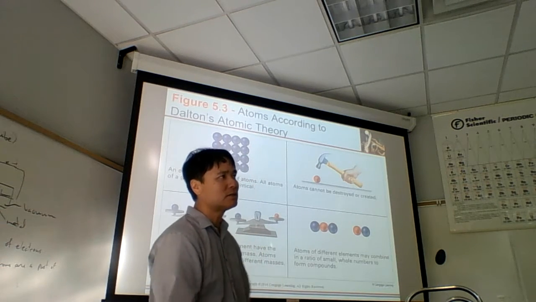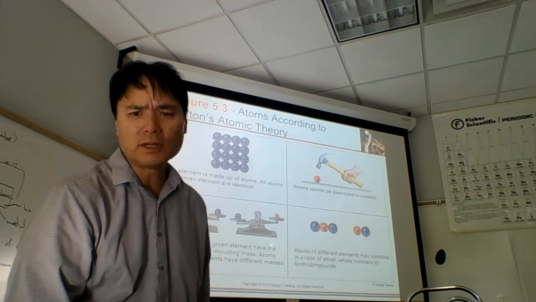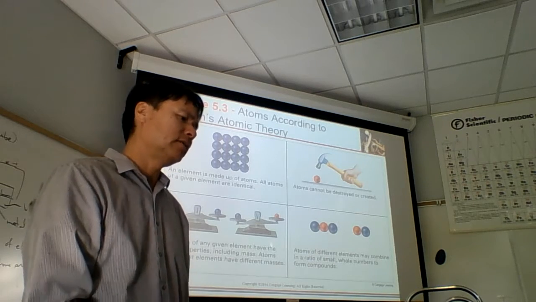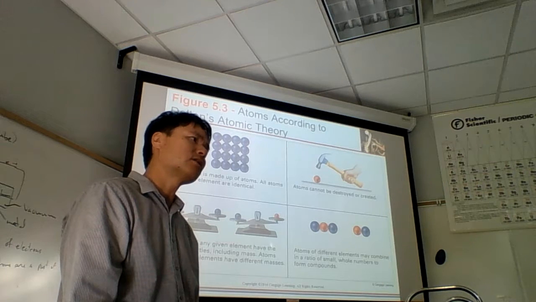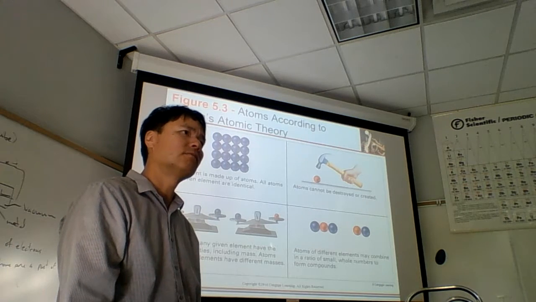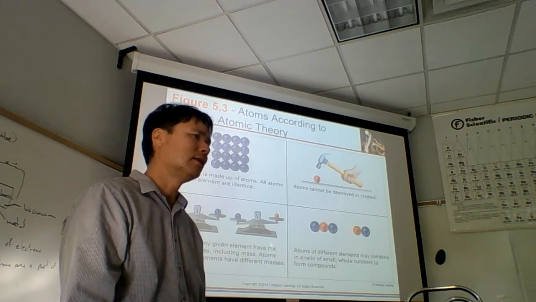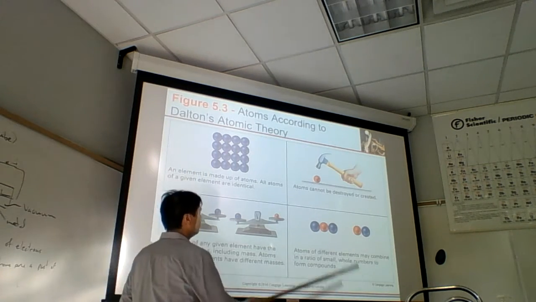In fact, chemists tried to transmute one element into another. Chemists were trying to make lead into gold. Those were the alchemists. But unfortunately, you can't do that with chemical reactions. Chemical reactions don't change the number of protons in the atom, so that doesn't happen in chemistry.